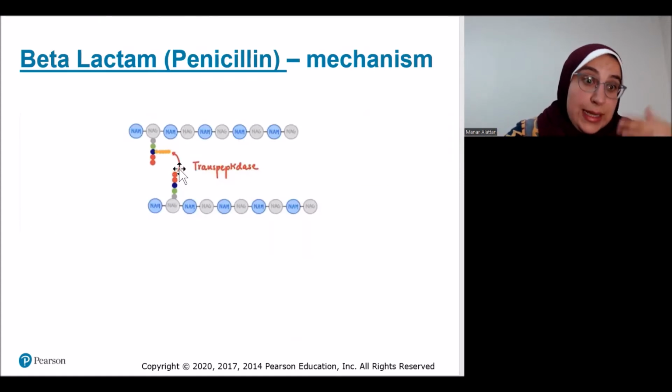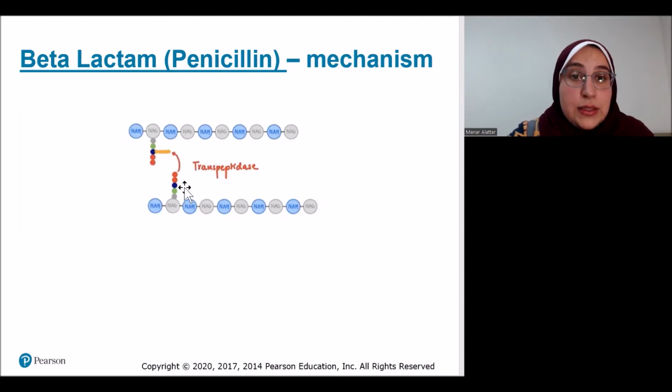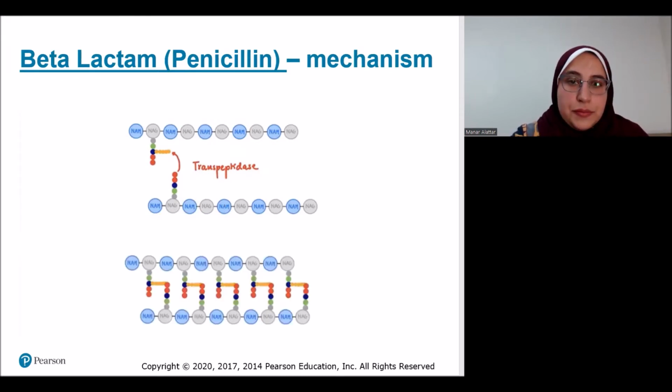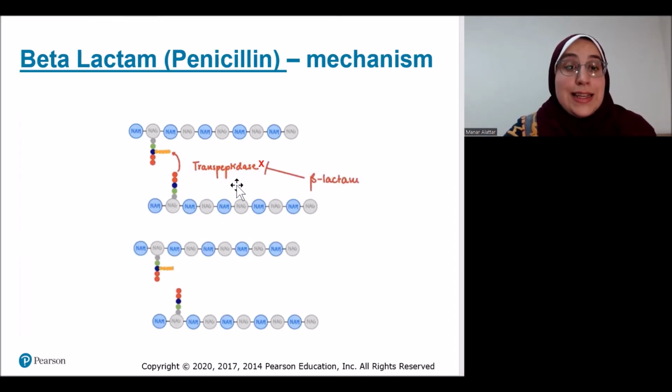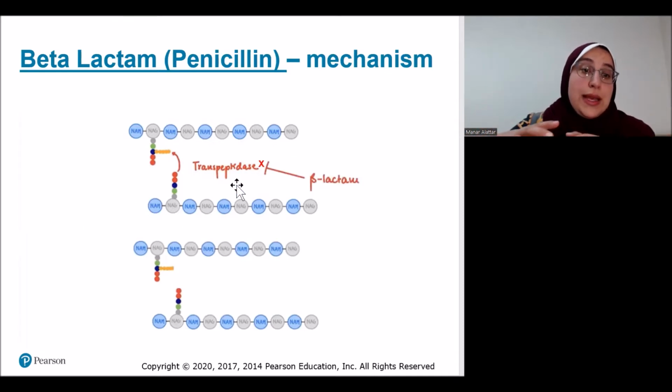It would normally, naturally, connect the two parts of that short peptide, and then that would allow the cell wall to all be connected. Now, see, this is what the normal connections would look like. But any beta-lactam, including penicillin, when it comes in, it instead binds to the enzyme.